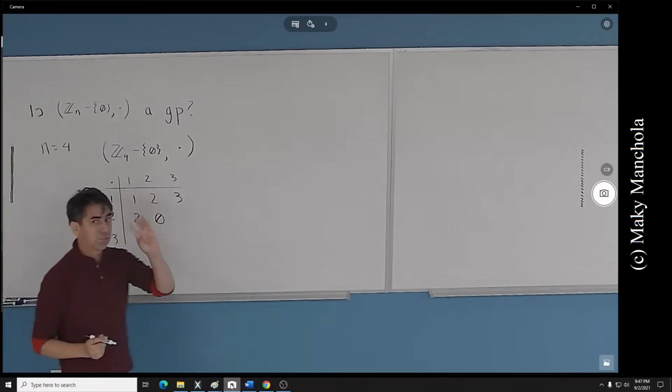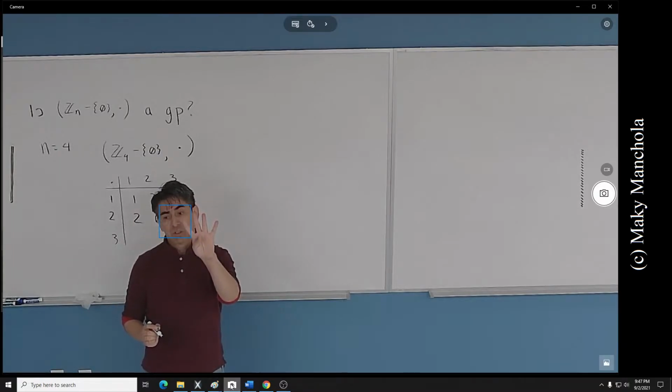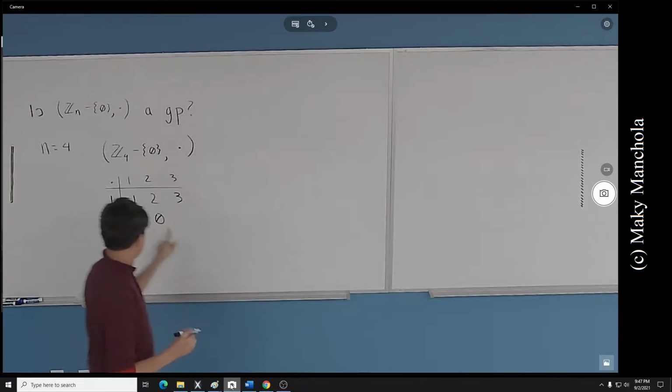So 2 times 2 is 4, but the remainder when you divide 4 by 4 is 0. So the result is 0.